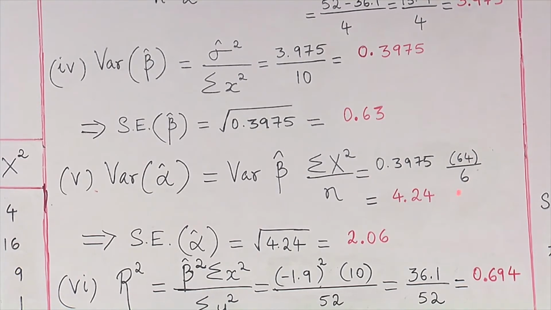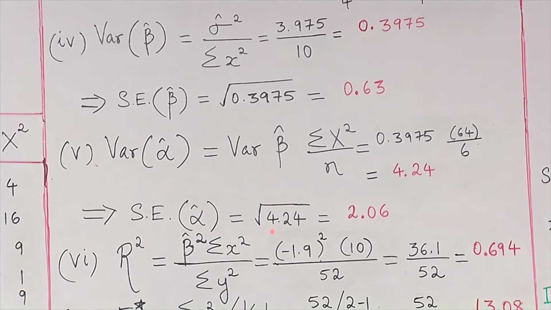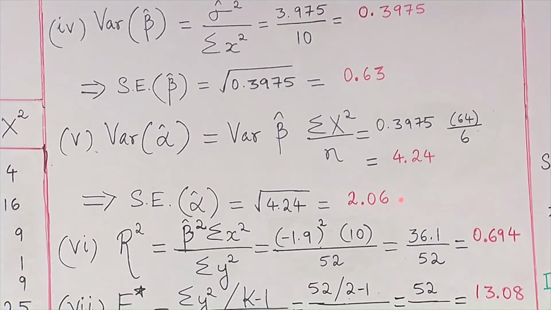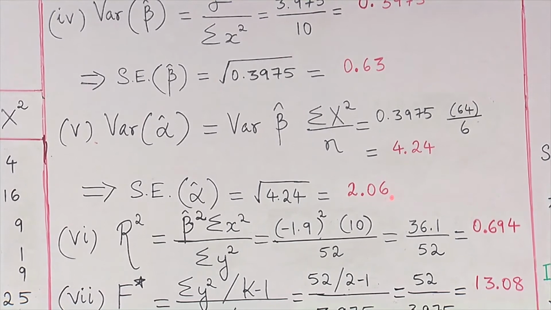The answer that you derive is 4.24. The standard error of alpha hat is computed as root 4.24, which is 2.06.